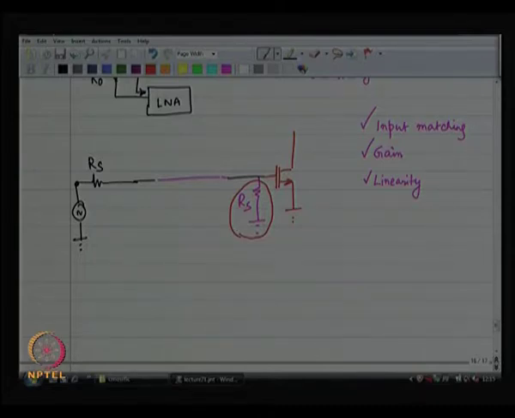means that my noise figure, noise factor is how much? So, whatever noise is coming from the antenna, RS is contributing an equal amount of noise. So, my noise factor should be at least 2.